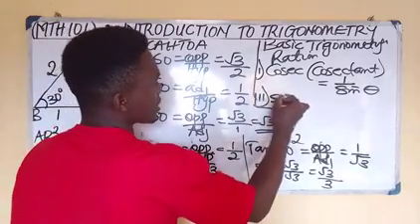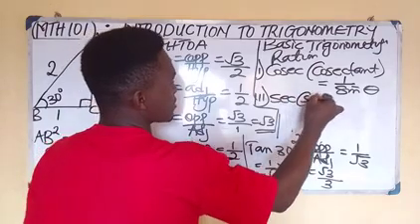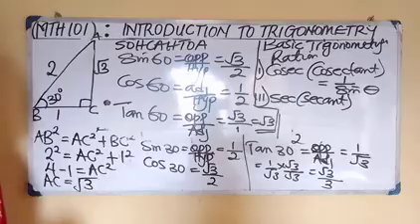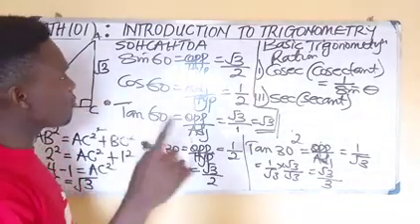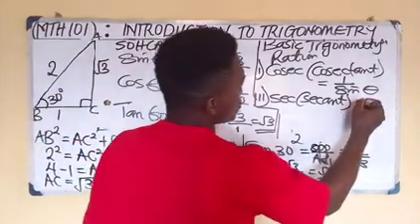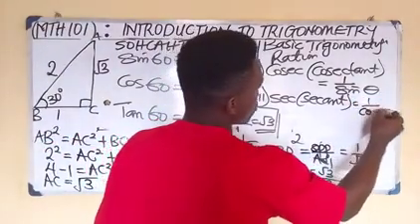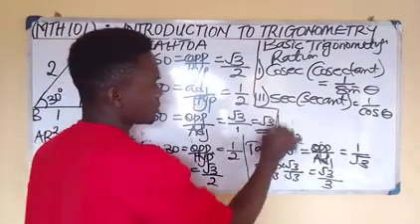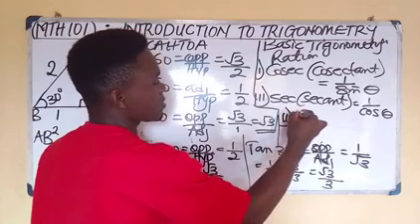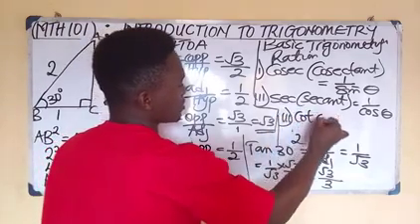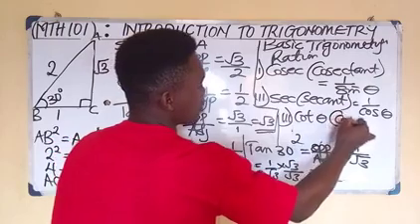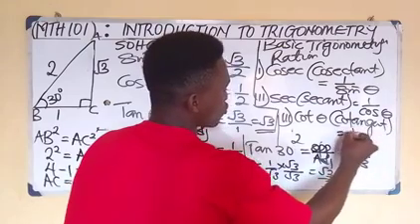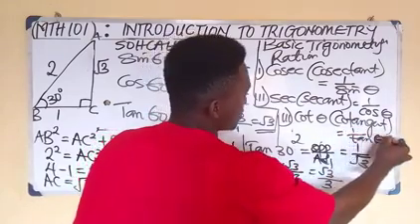And the second one is sec, that is secant, and secant is the inverse form of cos, that is 1 over cos theta. Then the third one is cot theta, and this is cotangent, and it is 1 over tan theta.